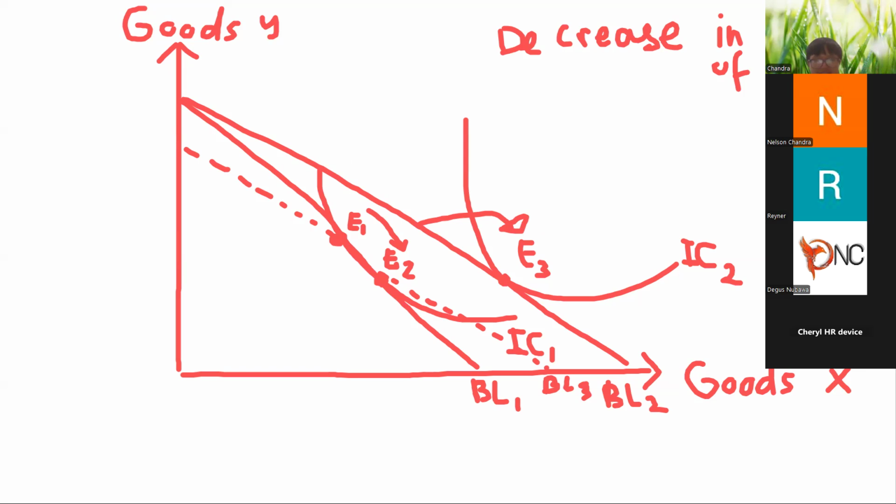How do I know that E3 will be located in that position? Because I have determined that good X is a normal good.